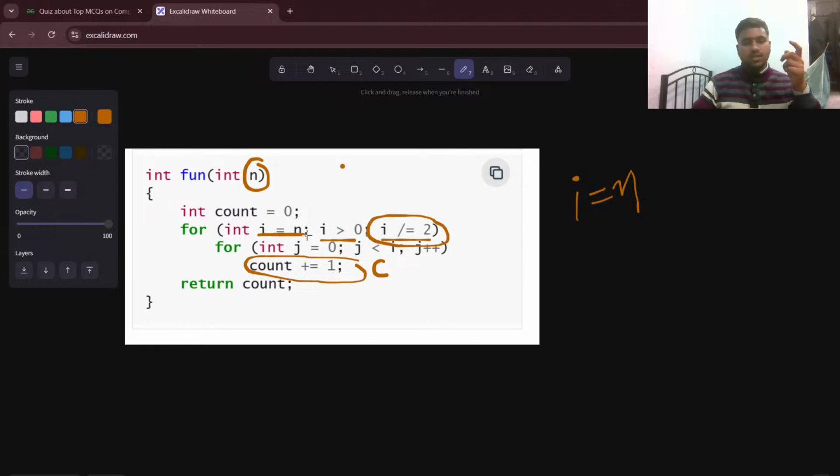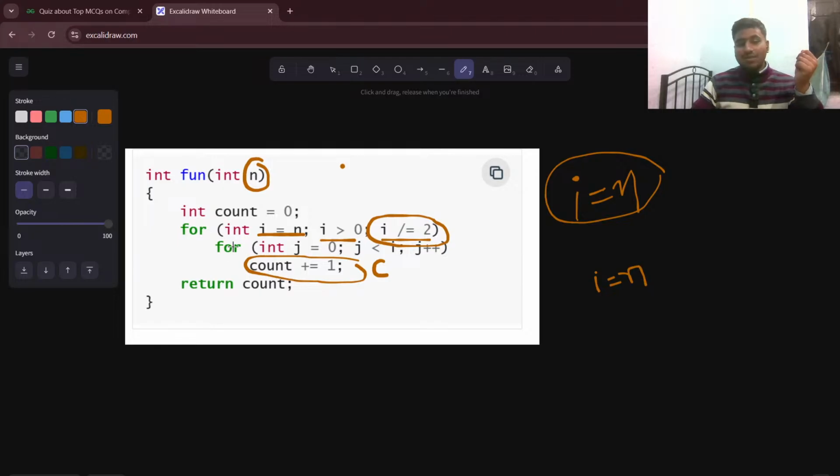Then we enter this block, where we have j equal to 0, j less than i, and j plus plus. So i is equal to n.